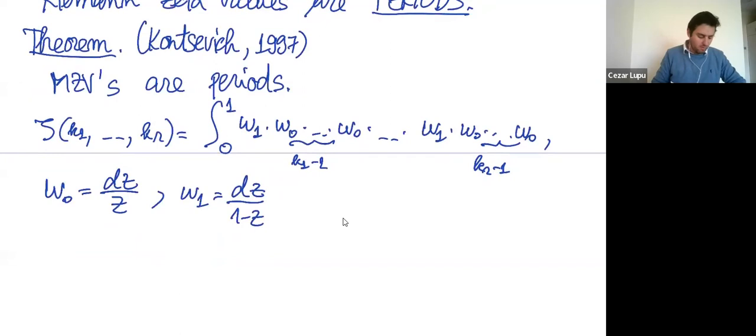Again, maybe I'll go with the proof next time in more detail, because there is another thing I would like to say. I'm just going to mention one thing. The proof uses multiple polylogarithms this time.